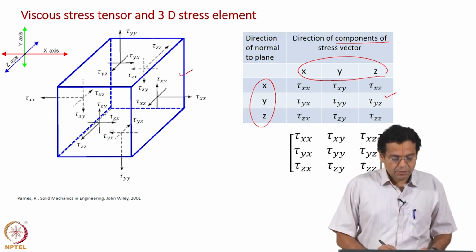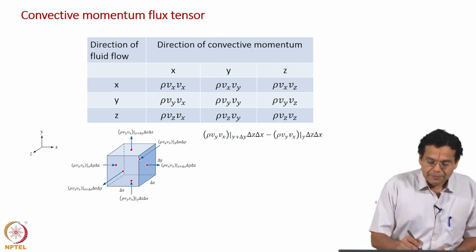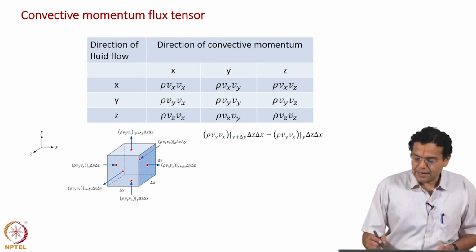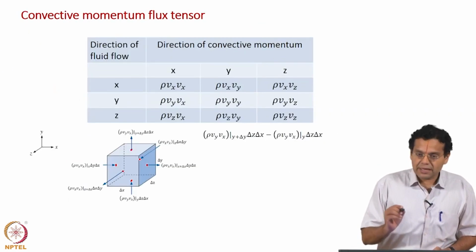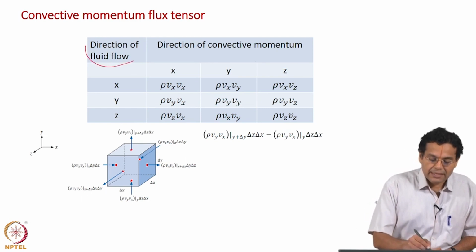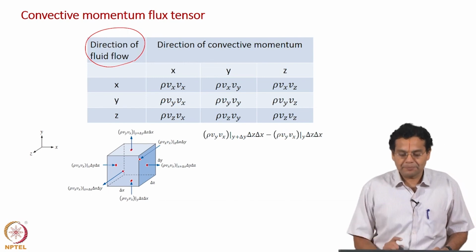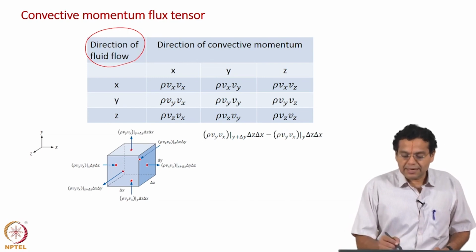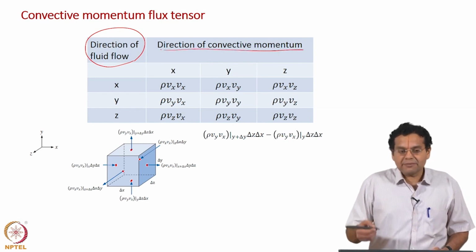Now, if you look at the convective momentum flux, in the previous case we had the direction of the normal to the plane. Here also we have the direction of the normal to the plane, but for physical understanding I have written it as the direction of fluid flow; both are the same. What is the other direction? The direction of the momentum, which is determined by the second velocity.